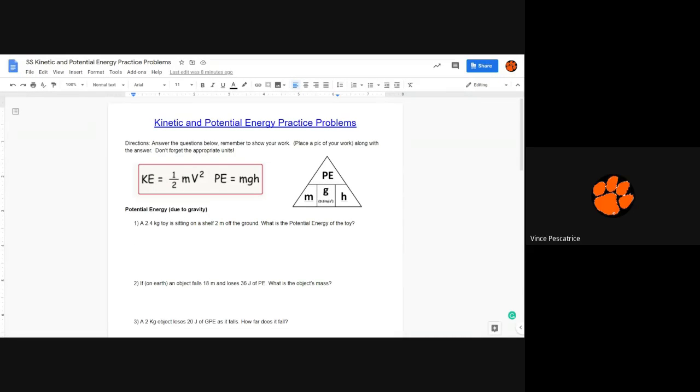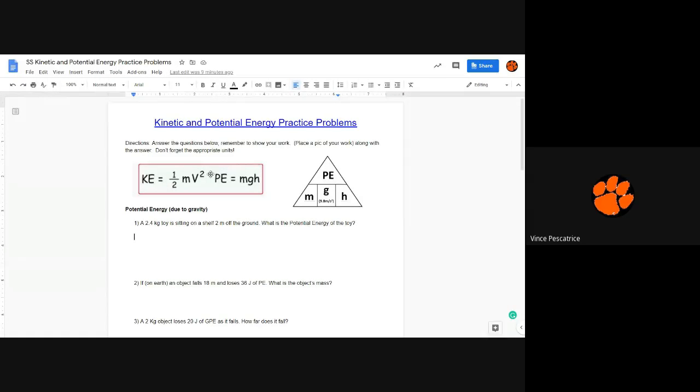Is this what yours looks like too? Okay. All right, so this is what the page looks like.